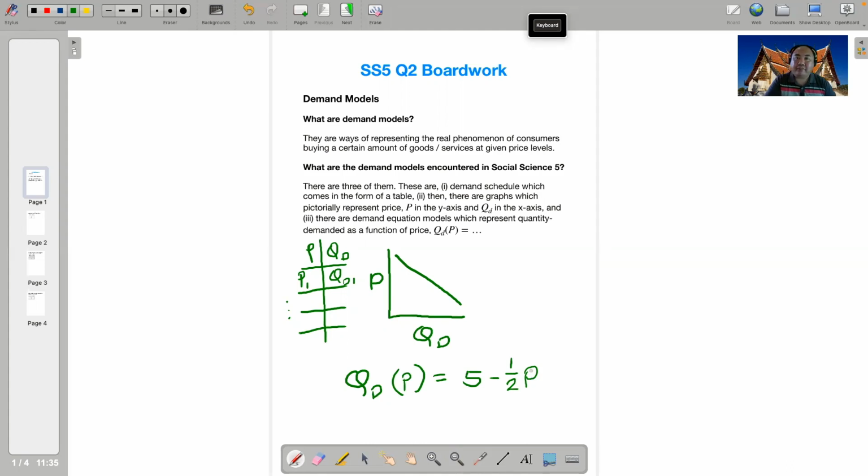So let's give a few examples. In number one, by the way, we will focus more here on getting the demand equation model given a demand schedule. That means going from one representation, the table, to the other representation, which is a functional or equation representation.